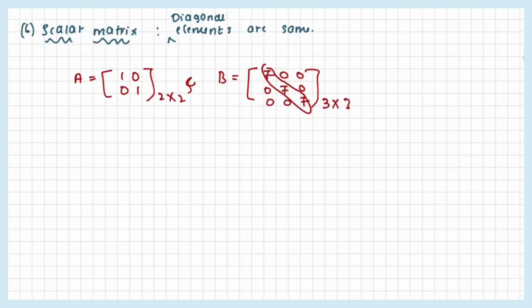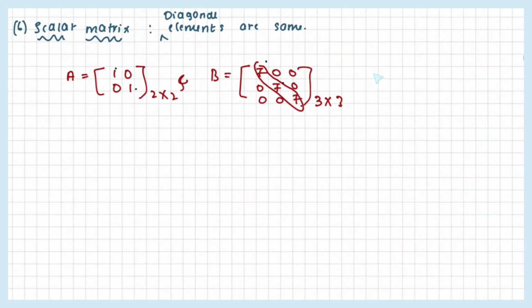If I take the number as 9, it should be 9, 9, 9 and the other elements should be 0. So the diagonal elements should be the same number throughout. This is called the scalar matrix.